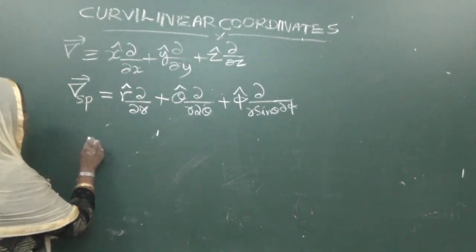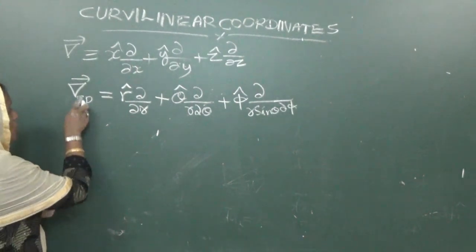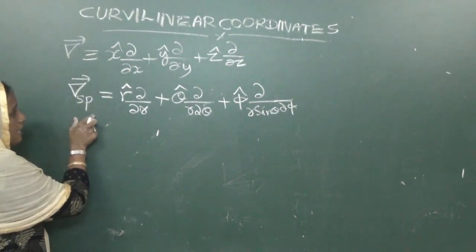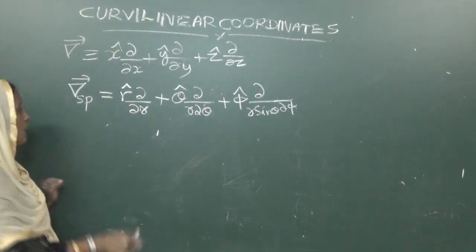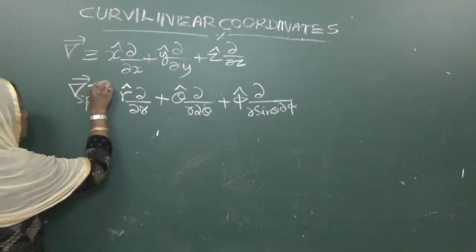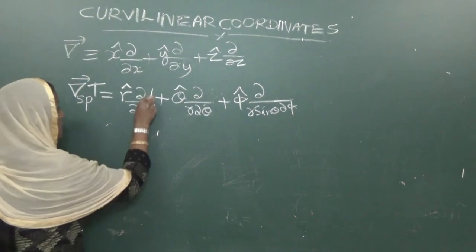Now what about divergence? If you want to operate this gradient on a scalar function T, you can write T here like this.